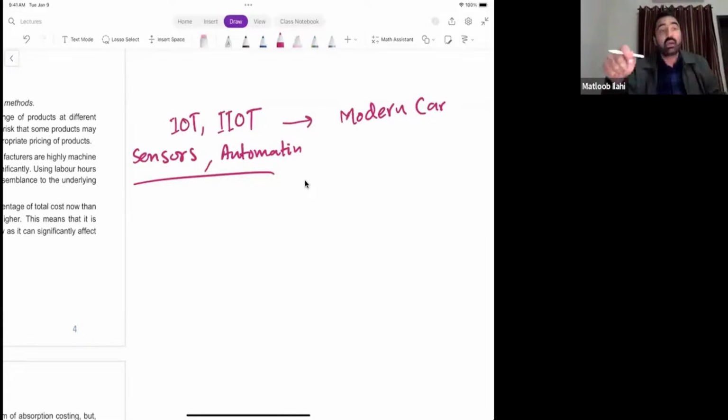Sensors are even communicating with the car and also communicating with the driver as well. This is one example of Internet of Things or industrial.